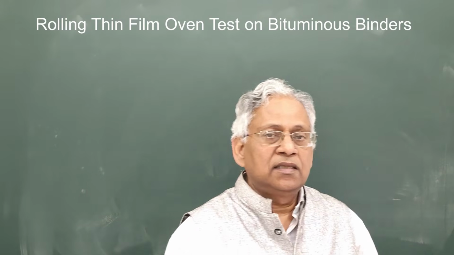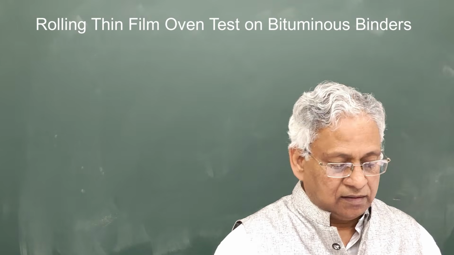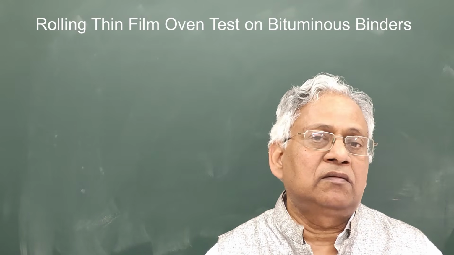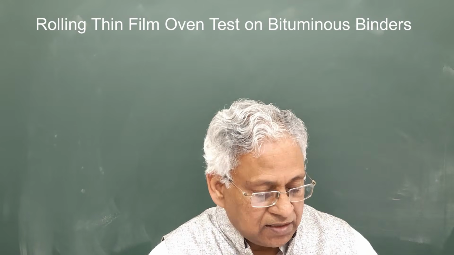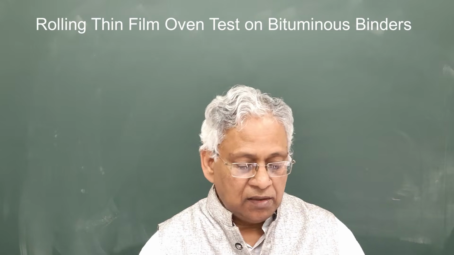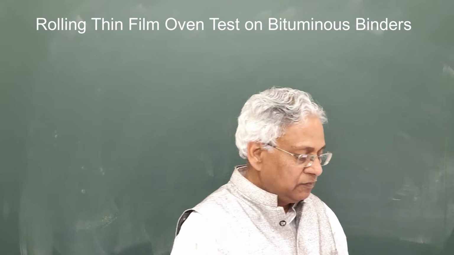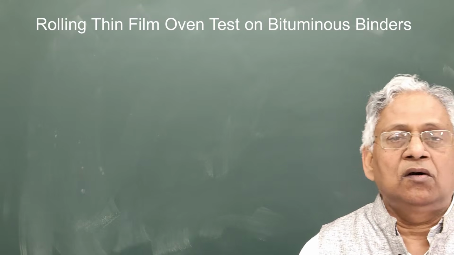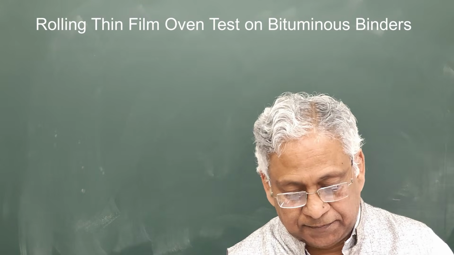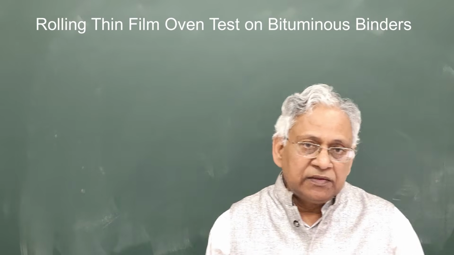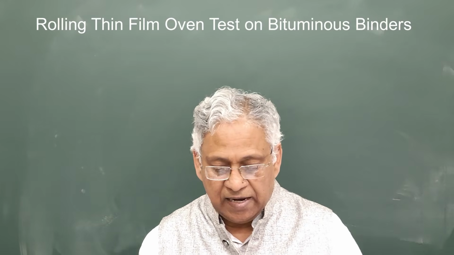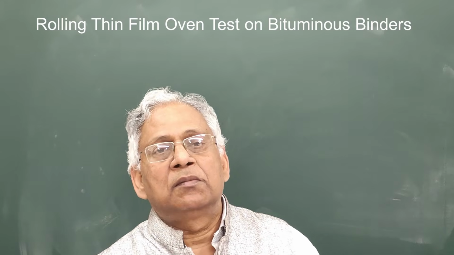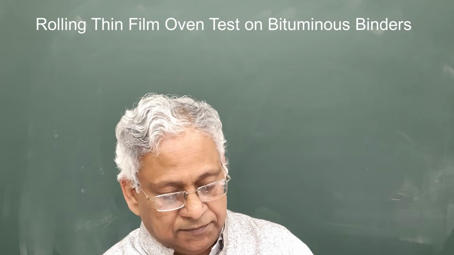And then we measure the effect of this heat and air on the physical properties of the binder. This test simulates aging of the binder during conventional hot mixing at about 150 degrees centigrade as indicated by the viscosity or other rheological properties. It gives the residue, and this residue can be used to determine the property of the binder.